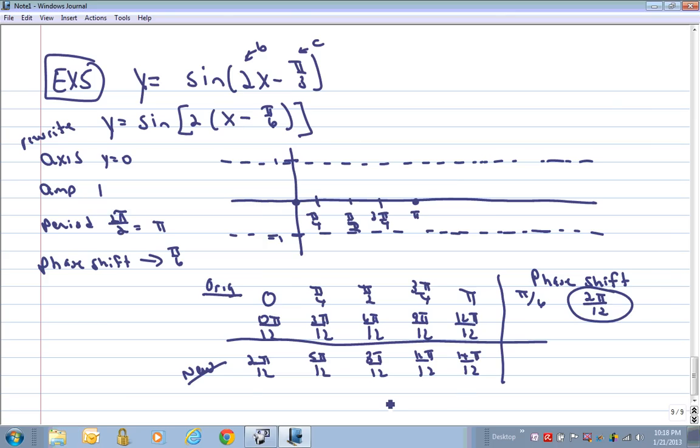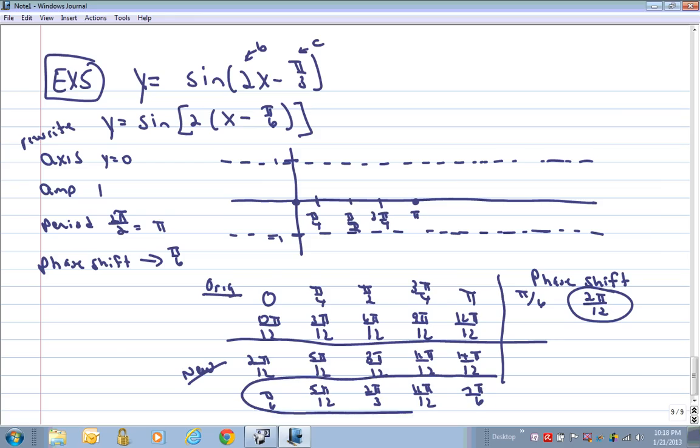And then we can just reduce our fractions so we have the values for our graph. So we have 2 pi over 12, which is just pi over 6. 5 pi over 12 just stays. 8 pi over 12 gives me 2 pi over 3. 11 pi over 12 stays. And 14 pi over 12 gives me 7 pi over 6.